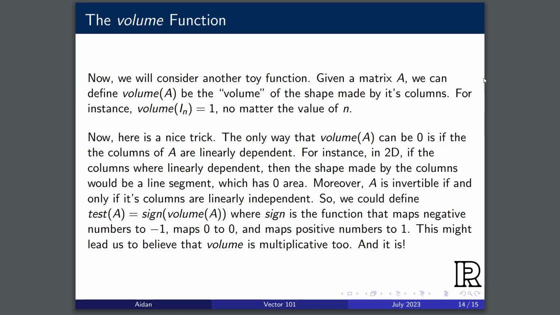If its columns are linearly independent, then the matrix A is invertible. And so volume returns 0 if A isn't invertible, and it returns a positive number if A is invertible.